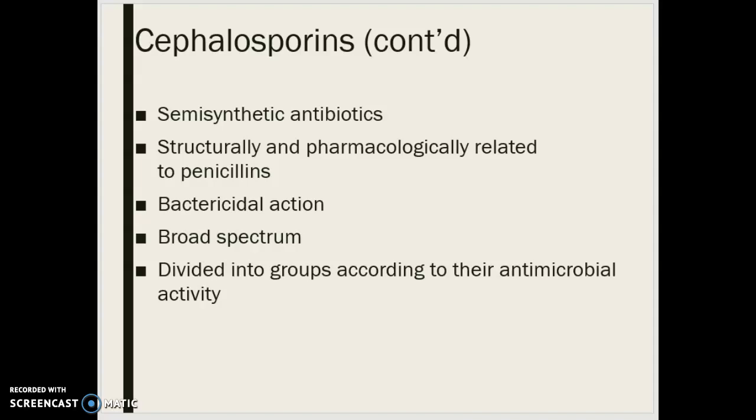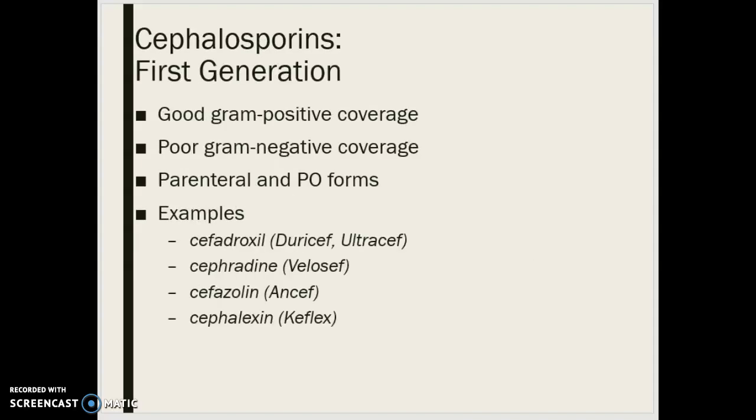The classes, the first, second, third, fourth, and fifth generations, are classified on the basis of their spectrum of activity and their susceptibility to the beta-lactamases. So agents in the first generation tend to have good, well, I would say excellent, gram-positive coverage, but minimal gram-negative coverage.